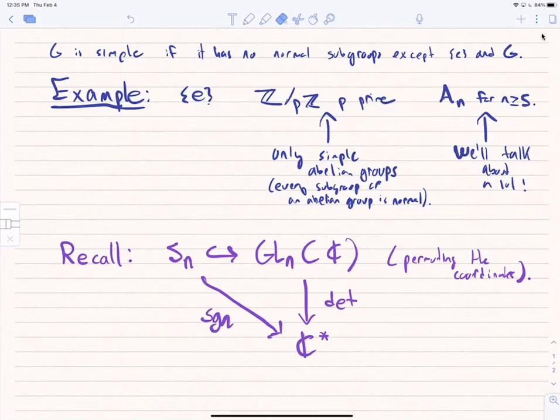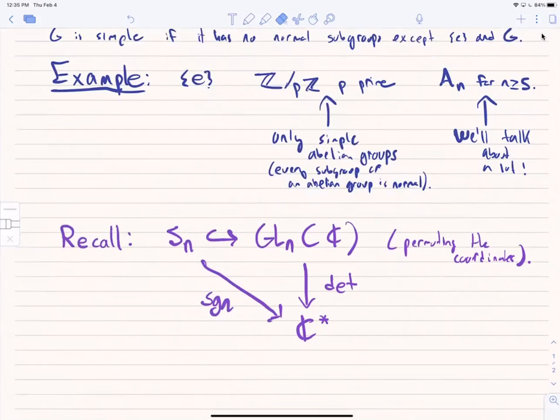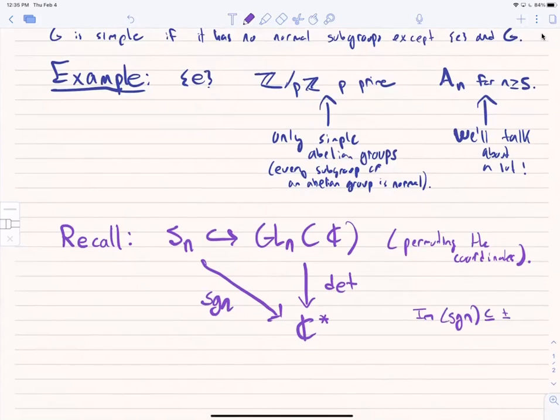And if you think about it, the image of sign is contained in plus or minus 1. Well, in fact, it equals plus or minus 1.